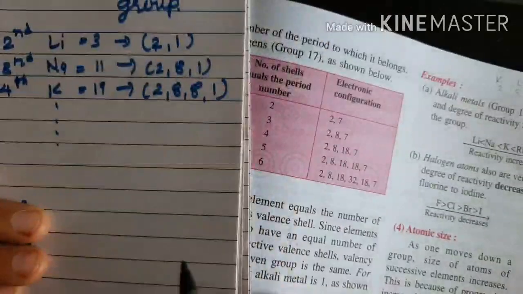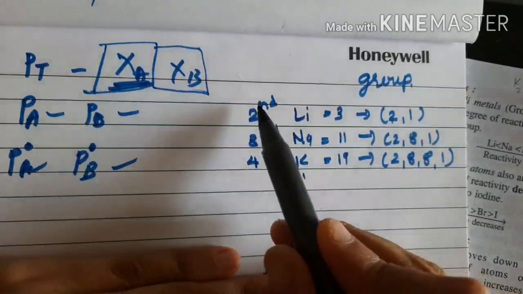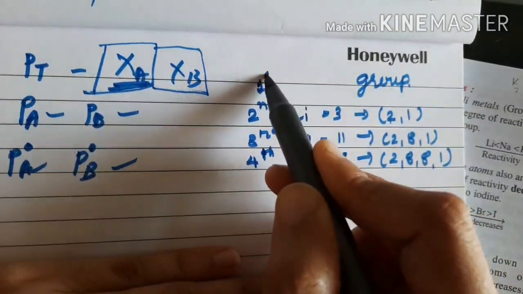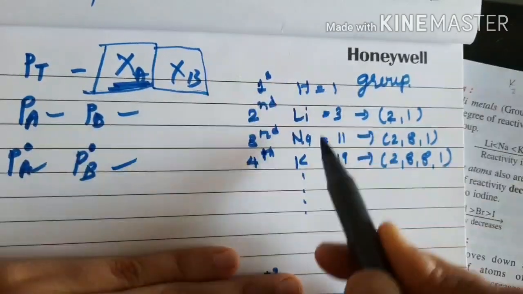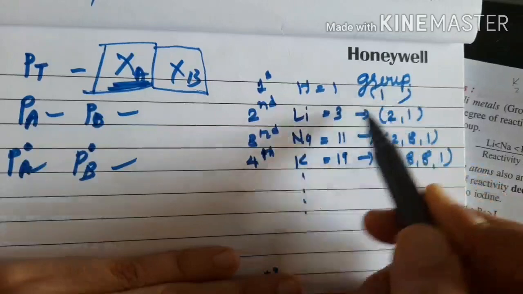So the number of shells gives us the period number. The first period has hydrogen, which has only 1 electron and atomic number 1, so only 1 shell in its electronic configuration.